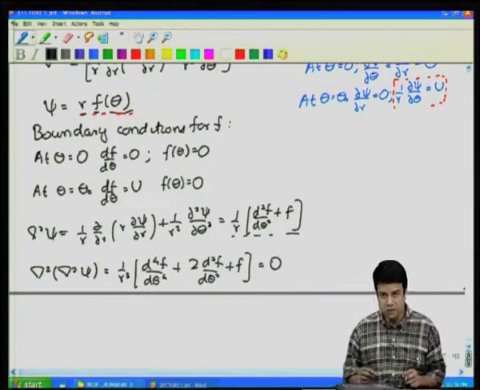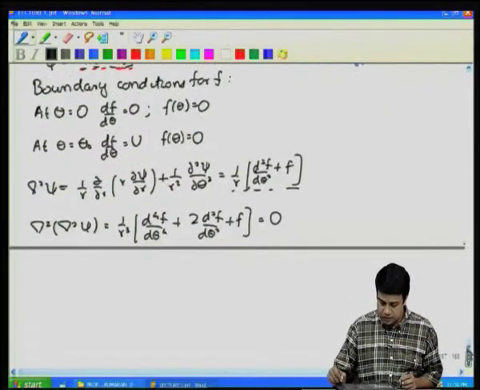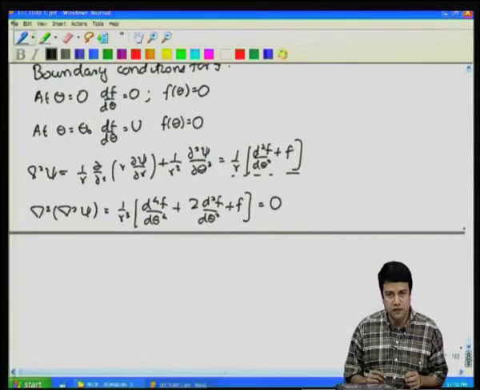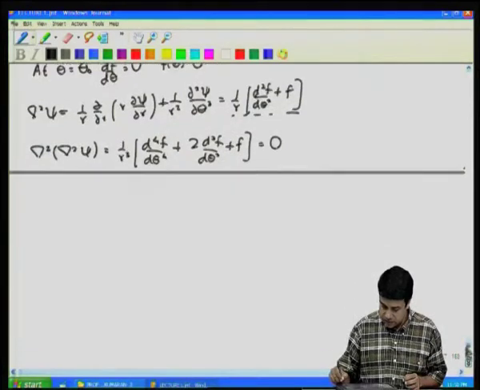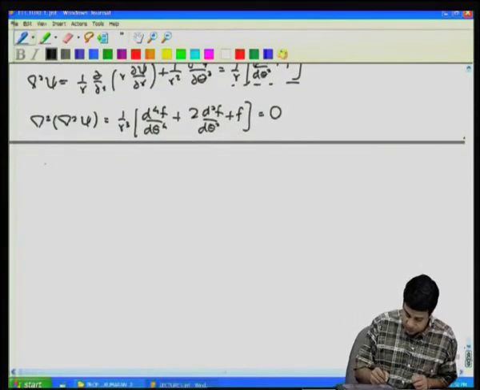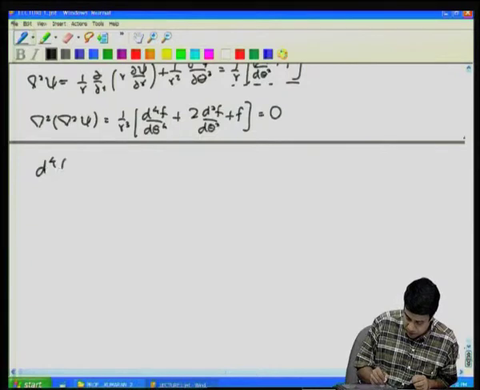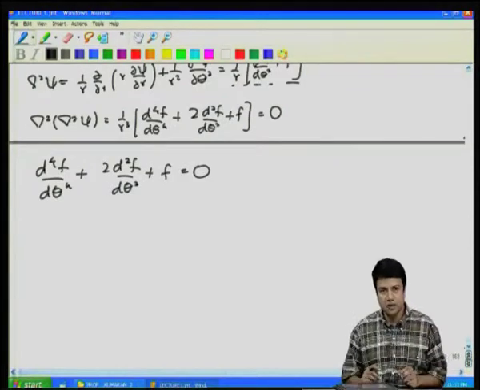This is equal to 0. So, therefore, my solution for f of theta is determined from the equation d 4 f by d theta power 4 plus 2 d square f by d theta square plus f is equal to 0.